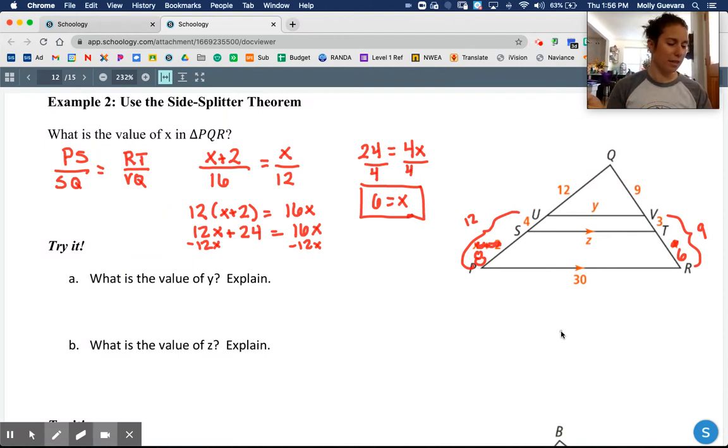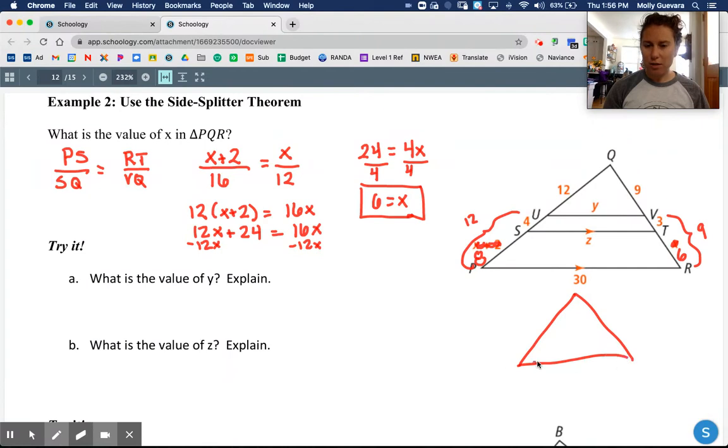If you have, then let's go over this. The first one is what is the value of y? Since I have a triangle, I'm going to draw a real quick sketch here. Here's y. This is 12 and this is 12. This is 9 and this is 9.